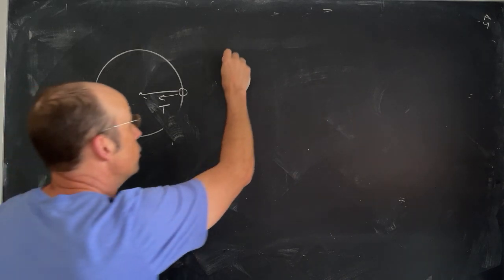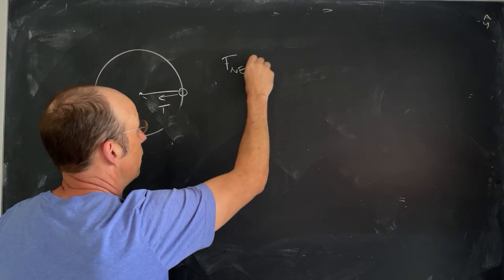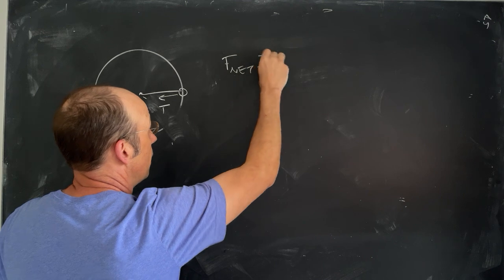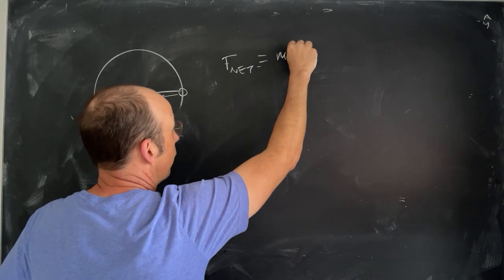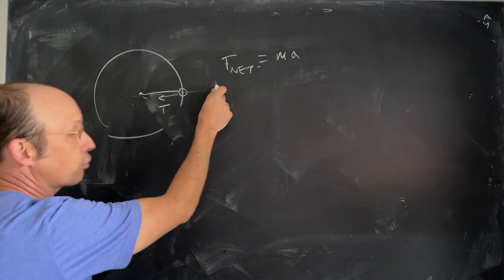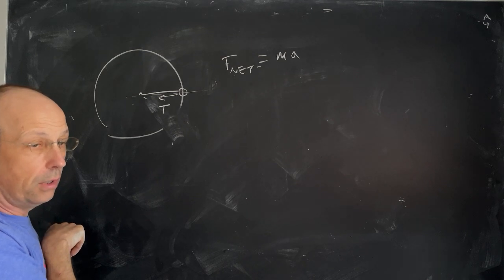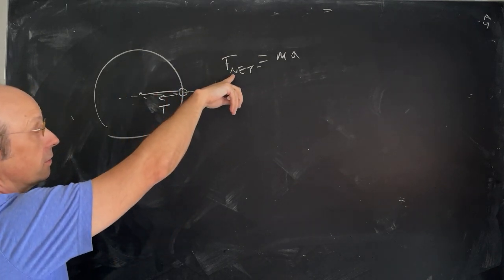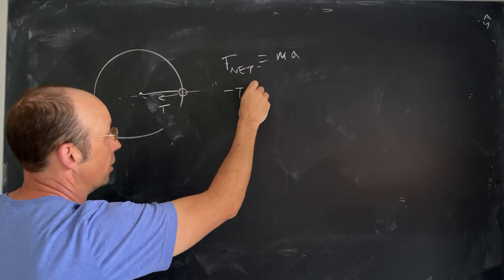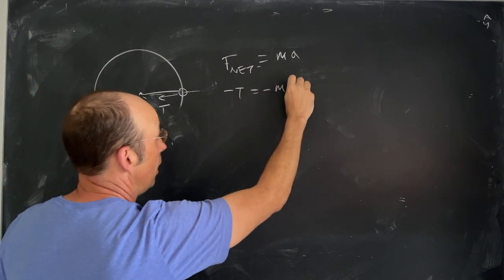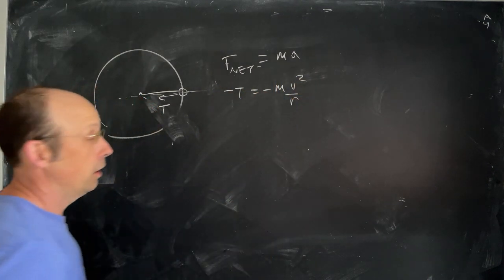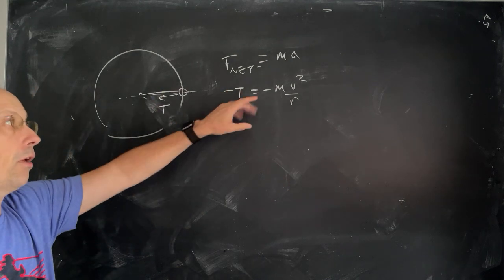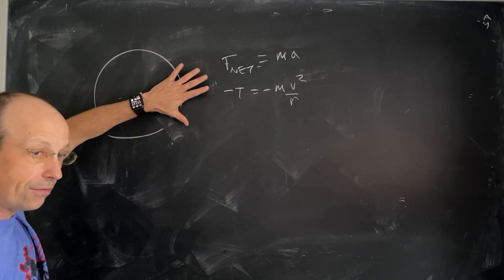And what we can do is use Newton's second law, F net equals ma. And I wrote that as a scalar because I'm going to use that in the direction of the center of the circle. So I'm going to choose this as my x-axis if you want to. In this case, the force would be negative the tension, and that's negative mv squared over r. So we can use this to solve for problems, but we have to freeze it in place, right?